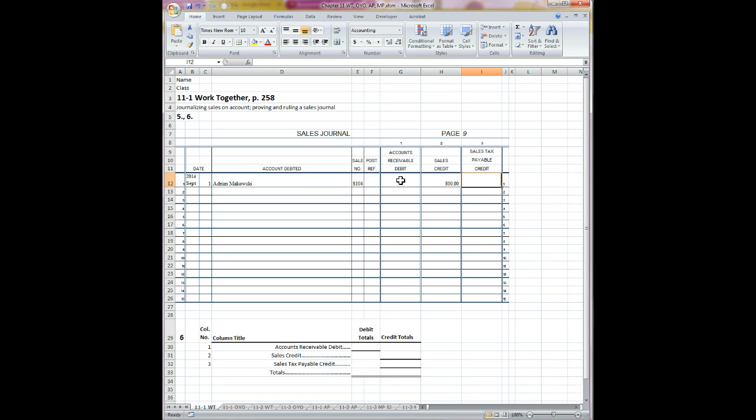And then our sales tax payable account is a liability account. We increase a liability with a credit. So that was for $48. Well, the total amount of money that is going to be owed to us is these two cells added together. So $800 and $48. So it's going to be $848 that's owed to us. So that should be the amount of our accounts receivable.